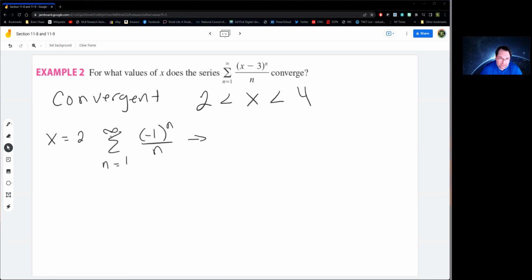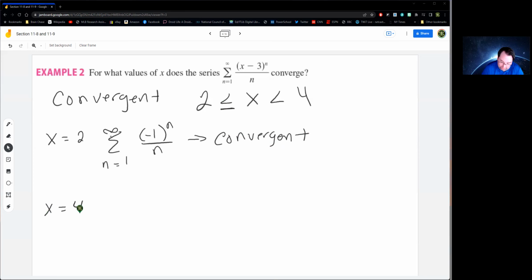So this one right here is an alternating series. It's got (-1)^n. This one happens to be the alternating harmonic series, so that one we know is convergent. So I'm going to put a line under that, equal to, because it's going to be greater than or equal to 2.